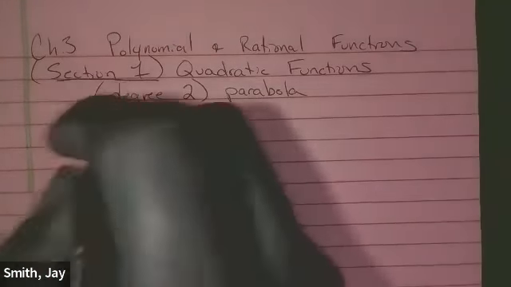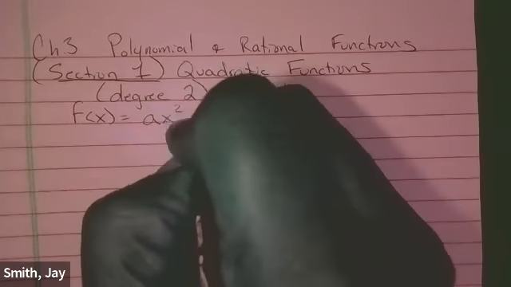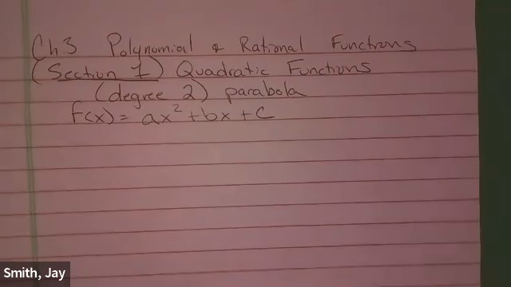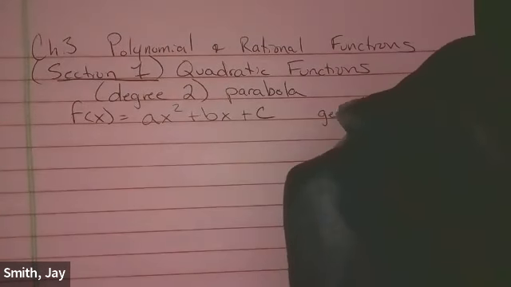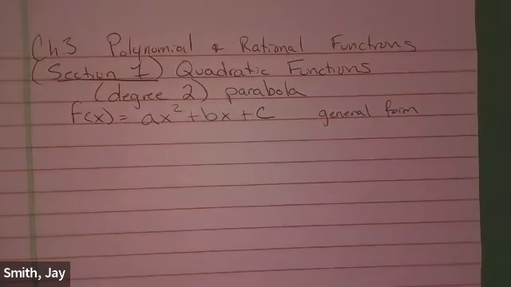All right, so remember that in the general form, we're given the function f of x, which is equal to ax squared plus bx plus c. The biggest thing is that we can locate a, b, and c in the general form. And we're also going to use the standard form, which is a good way for us to see where the vertex lies.